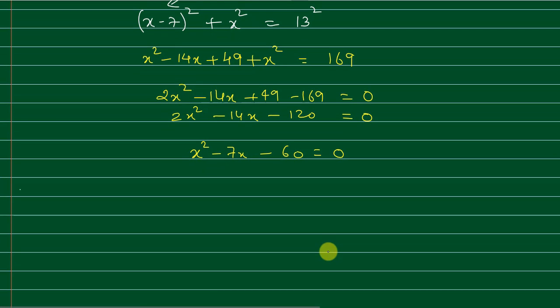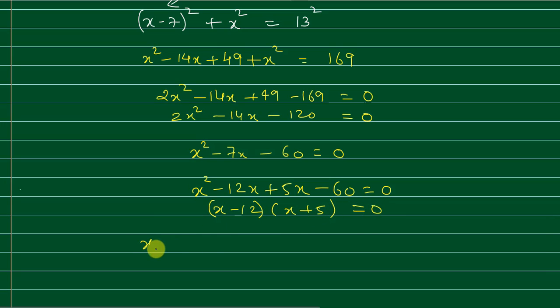We can split the middle term by minus 12 and 5. Yes, x square minus 12x plus 5x minus 60, that is x minus 12 and x plus 5.